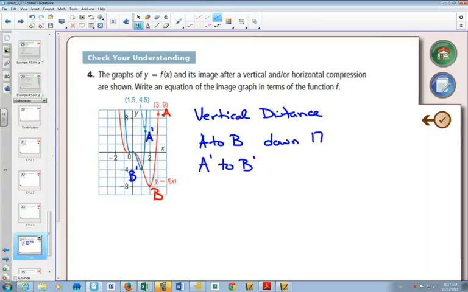So obviously there's no reflection here. 4 and 4.5, sorry. 4 and 4.5 is going down 8.5.